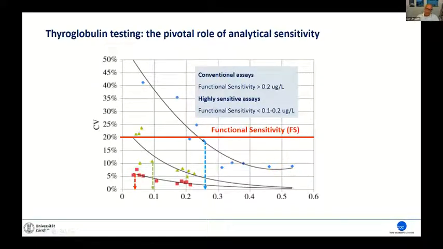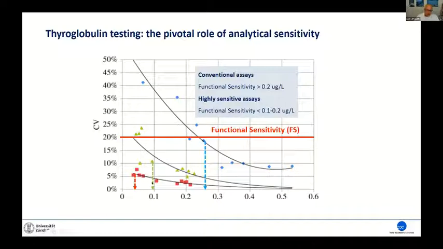So you can see here the imprecision profile. Basically, this is the coefficient of variation, so the precision of the measurement. What we need in the laboratory is to have a coefficient of variation of the method that remains equal to or below 20% over time. In other terms, these methods don't maintain this coefficient of variation at 0.1 microgram per liter, while these methods maintain it.